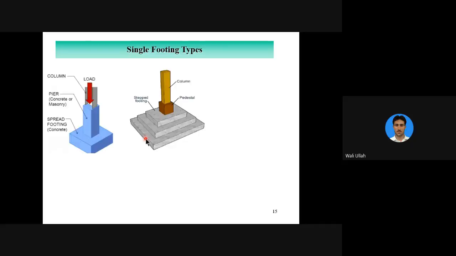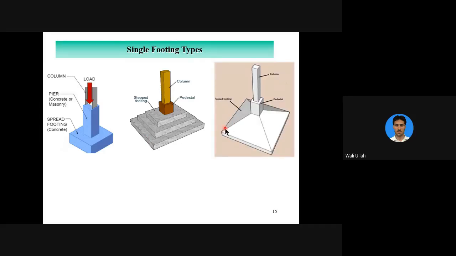But as you go away from the column, the stresses in the concrete are reduced. So progressively you are decreasing the thickness of the footing. This could be provided in the form of steps or in the form of a slope. As you come closer to the column, the thickness of the foundation increases.